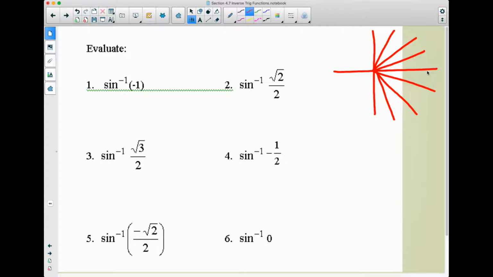So if we restricted our domain from negative pi over 2 to pi over 2, we're in that first and fourth quadrant. Okay? So we know 0. This, of course, is our pi over 6, pi over 4, pi over 3, pi over 2.